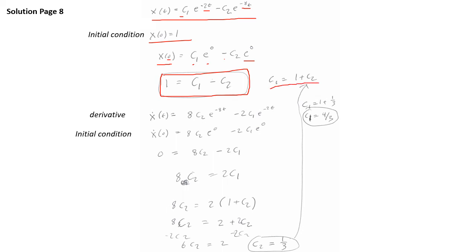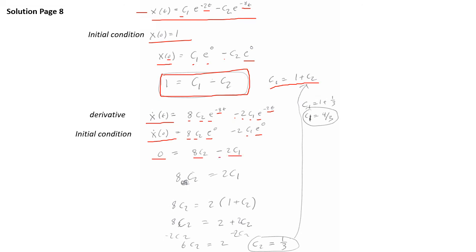In order to use our next initial condition, we need to take the derivative of our expression. So x dot of t is equal to 8 c2 e to the negative 8t minus 2 c1 e to the negative 2t when we take that derivative. Then we can plug in our next initial condition when time is equal to 0. So x dot of 0 is equal to 8 c2 e to the 0 minus 2 c1 e to the 0, or 0 is equal to 8 c2 minus 2 c1.